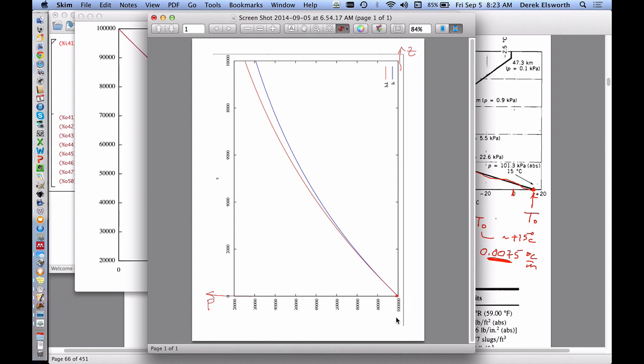So if we wrote this as atmospheric pressure, this would be 0, and this would be minus 100 kPa in terms of gauge pressure. And so you see as you get farther and further up, it's becoming more and more vertical, which means it's changing less and less. And it will ultimately asymptote to what we think of as 0 pressure, right? Which is this value here. This would be minus 100 kPa, which is actually 0 absolute pressure.